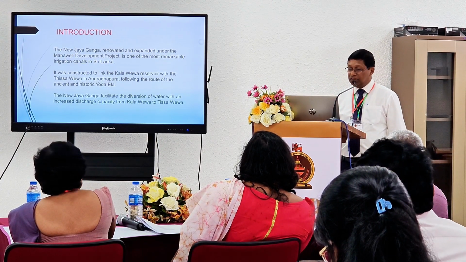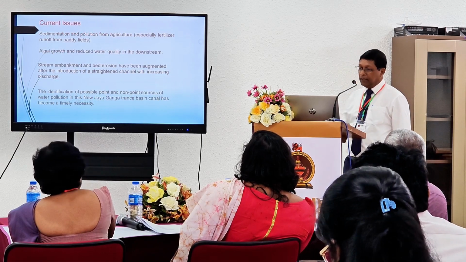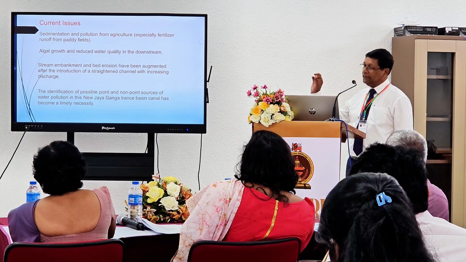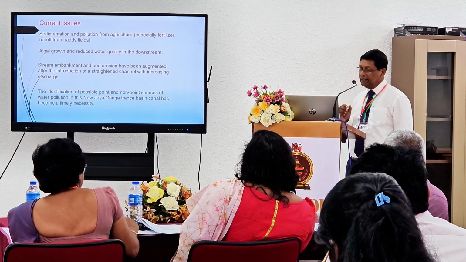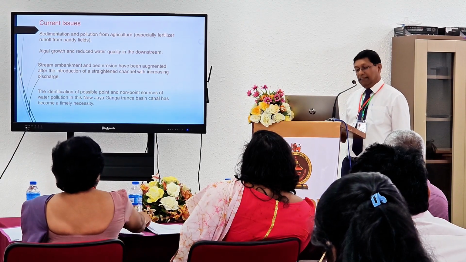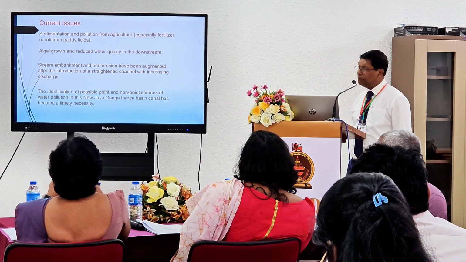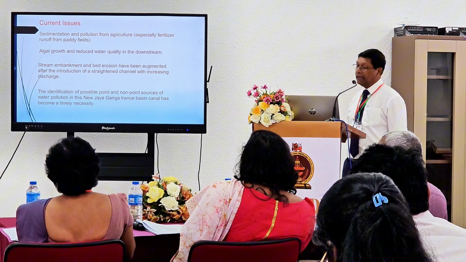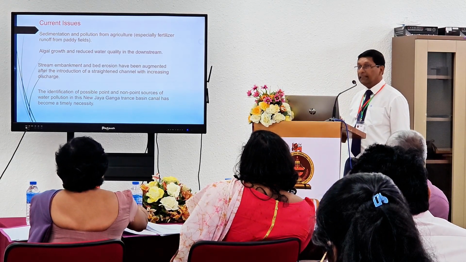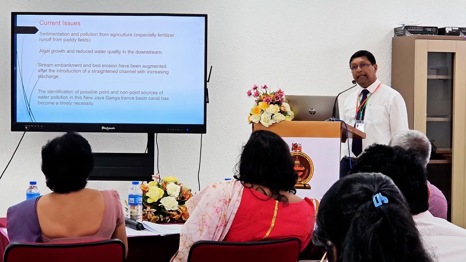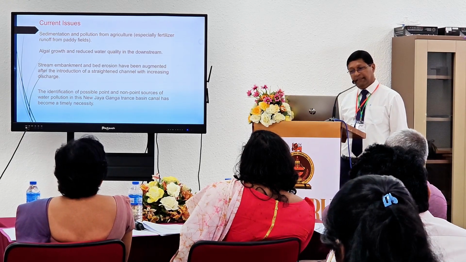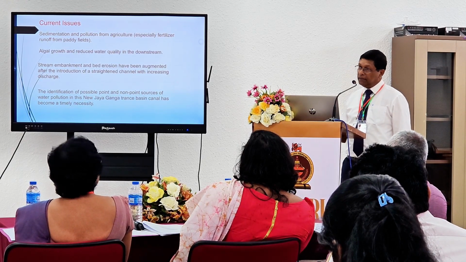There are some issues reported in relation to this Jaya Ganga. One is pollution, the sedimentation, the pollution mainly due to agricultural land uses, then the algal growth, especially in the latter part of the Jaya Ganga and downstream.